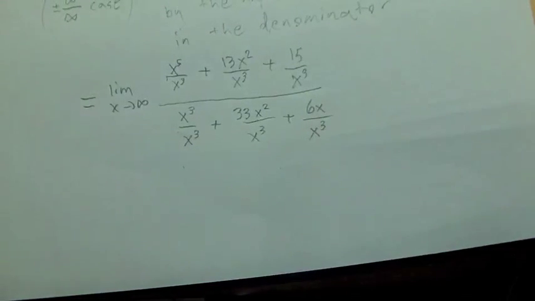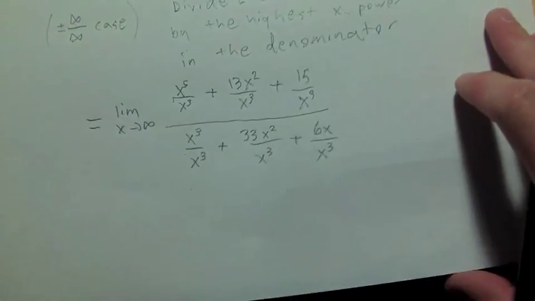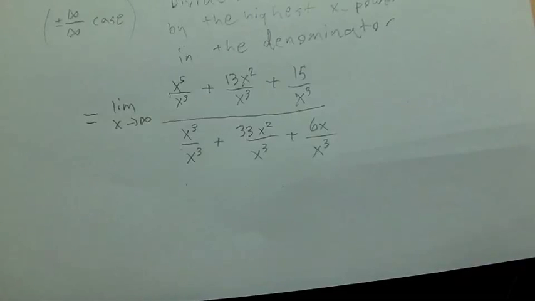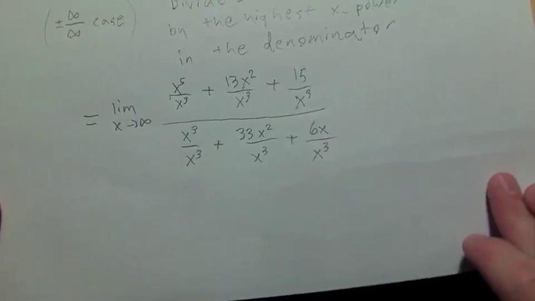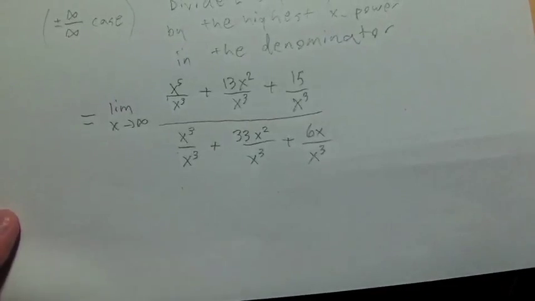Now you might be thinking, well, what the hell? This just made things worse. Well, actually, once we simplify this, we've actually made things better. Okay, so let's take a look at that.